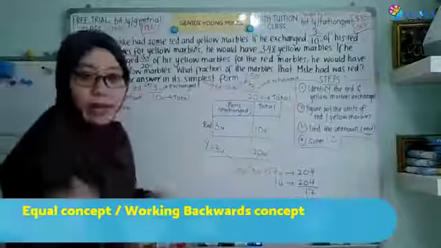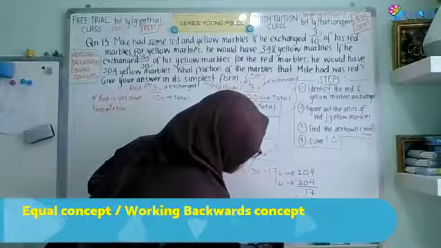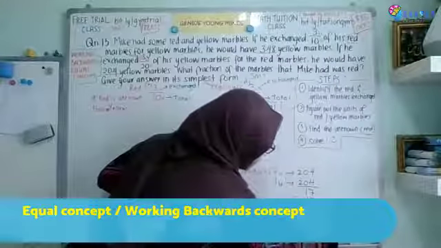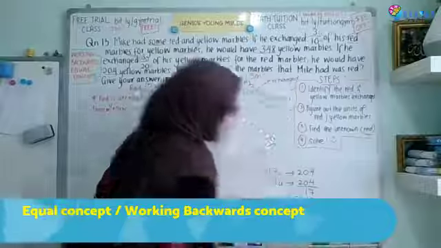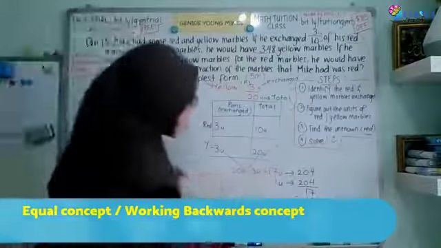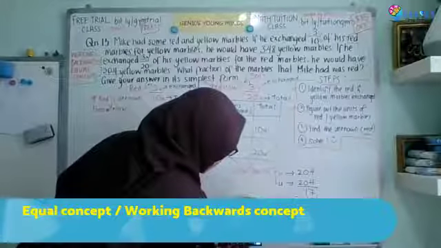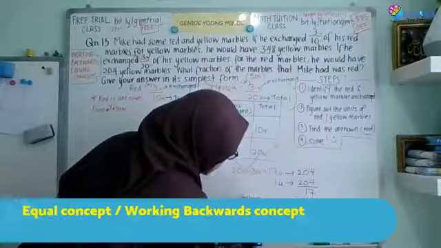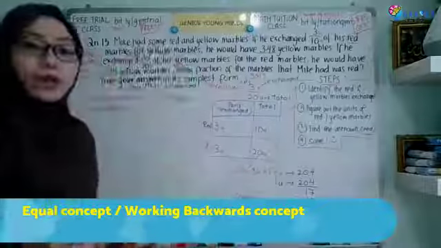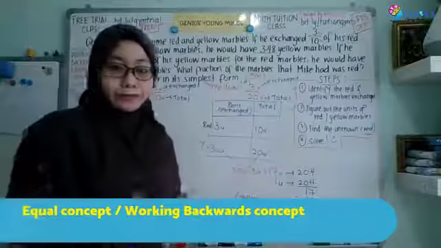So I want to find my 20 units. 20 times 12 gives me 240. This is my 240 yellow marbles.